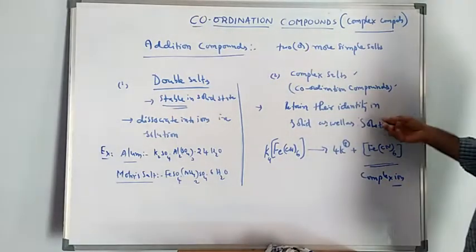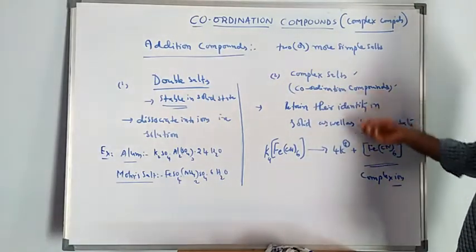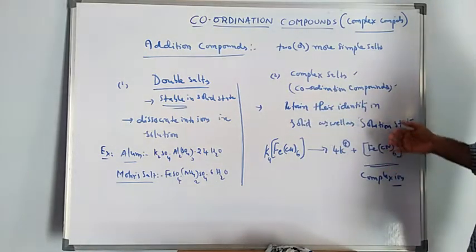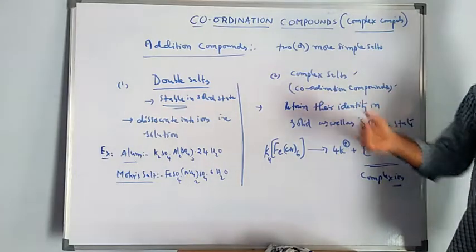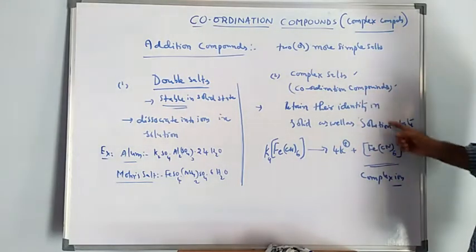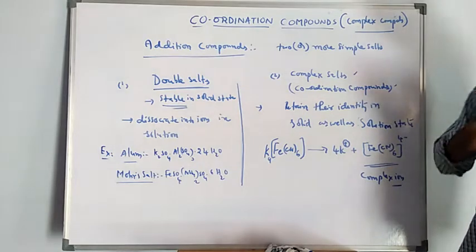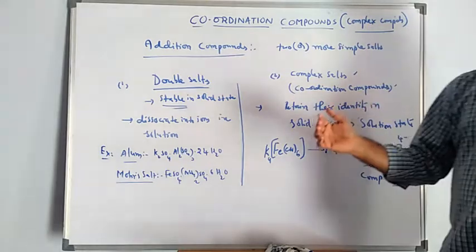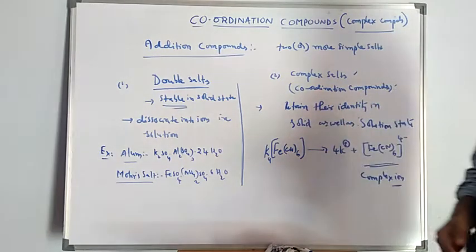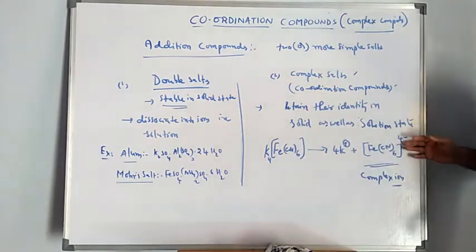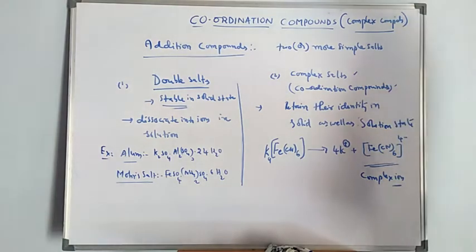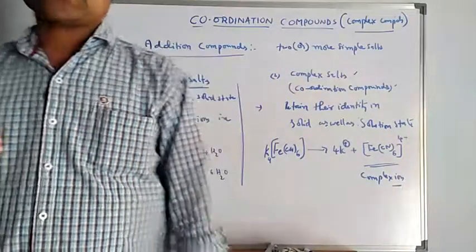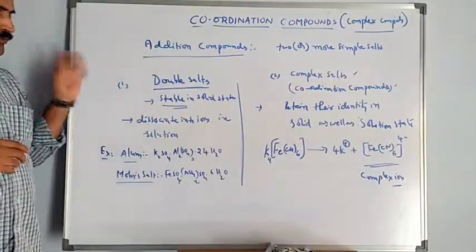But in complex salts, after the formation of the complex ion, it is not going to give that result. Why? Because the entire complex ion has separate chemical properties compared to the general cations and anions responsible for the formation of complex salts. Okay. So, this is about the generalization of addition compounds.